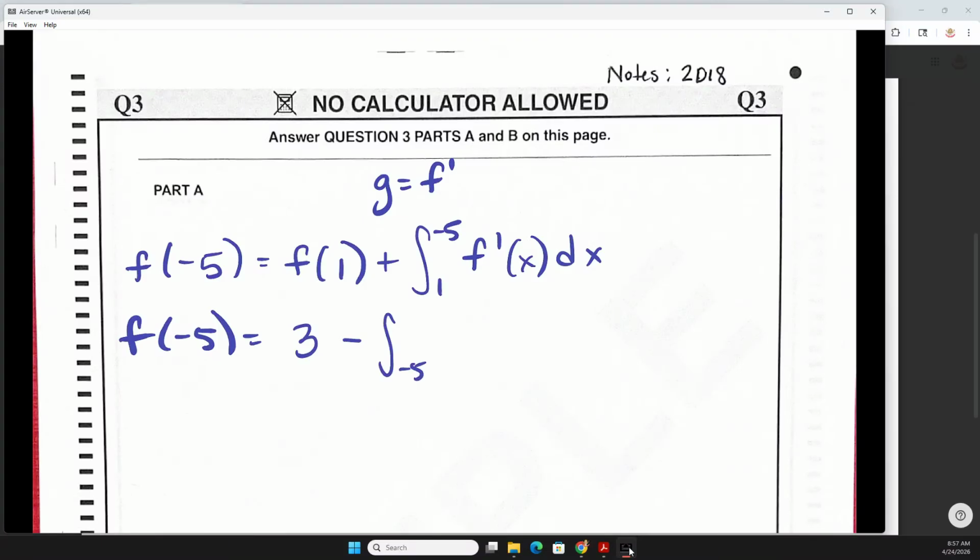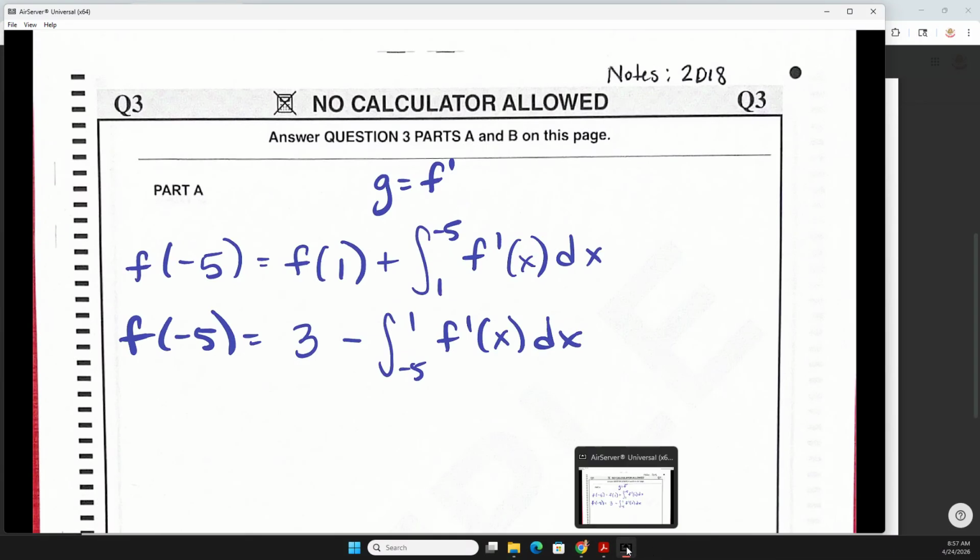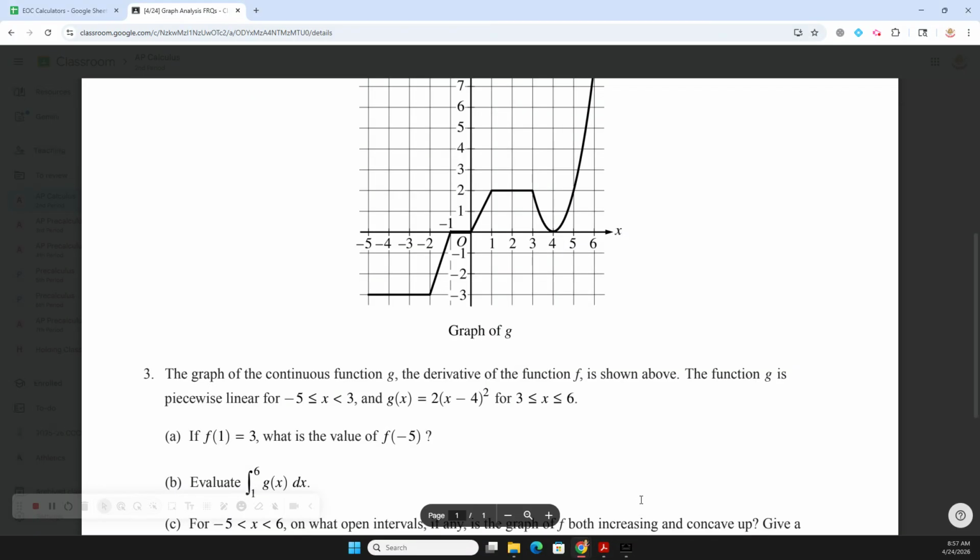That's just going to make it easier for me to do. Otherwise, you have to move backwards, and then it ends up being negative anyway, so I would recommend you change it. Now, on a calculator question, your calculator knows exactly what to do, but this is not a calculator question, and we're going to have to do some areas.